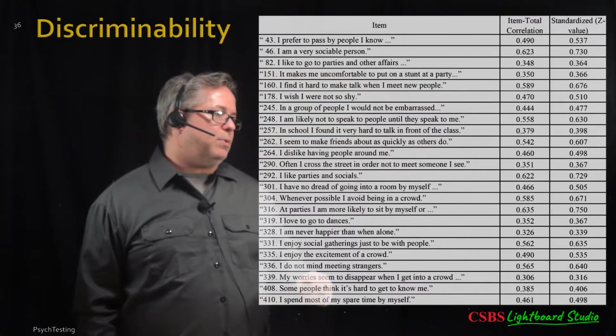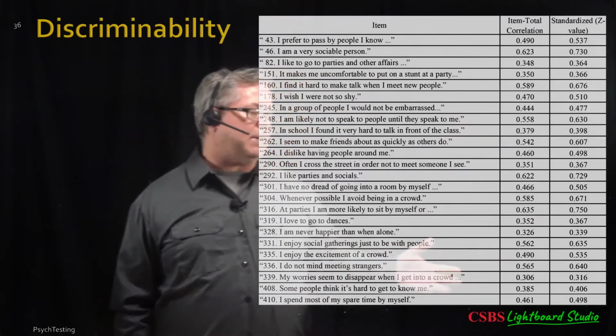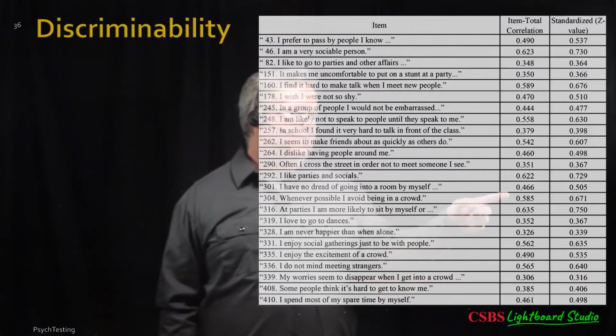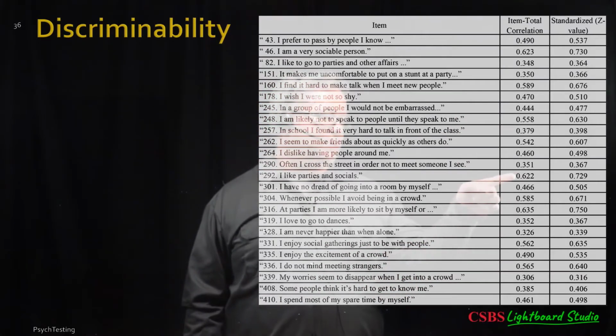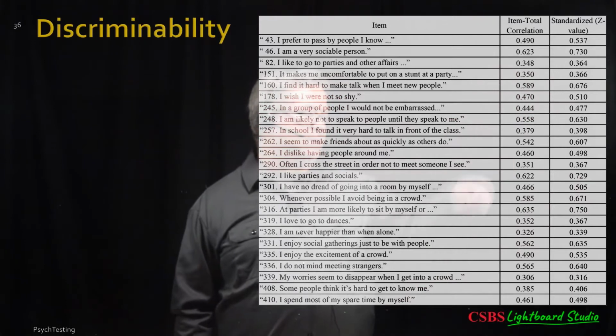What it does tend to do is, sometimes you'll have the discriminations all don't look that great relatively, but this tends to exaggerate the ones that are more extreme. The 0.622 becomes larger. It actually pulls it out farther. The 0.623 becomes 0.73.